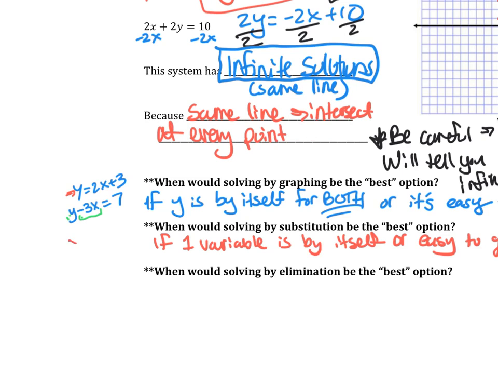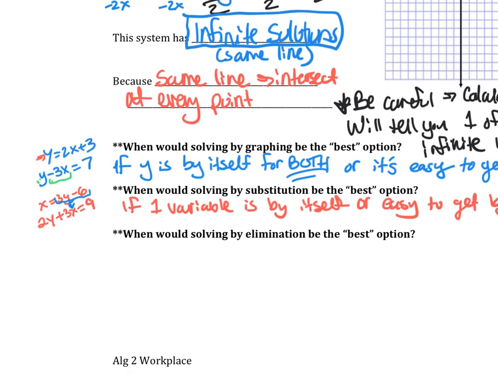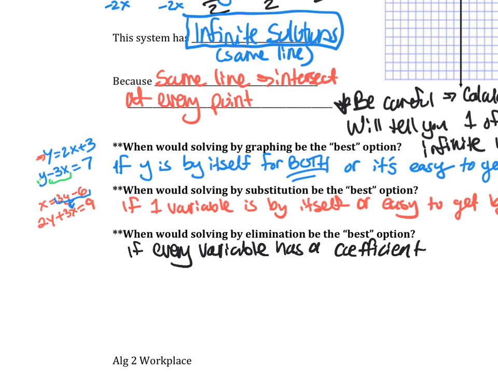For substitution, if we had something like this, here x is already by itself, so you can just go right to plugging that in for x. Elimination is kind of the best if every variable has a coefficient, meaning you're probably going to end up with fractions if you tried to solve for a variable.